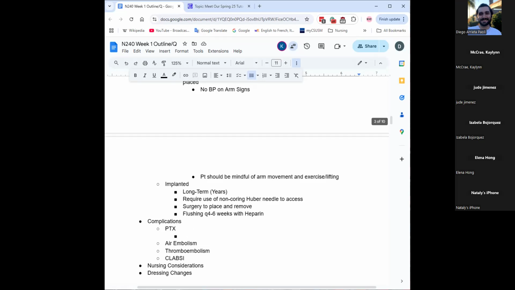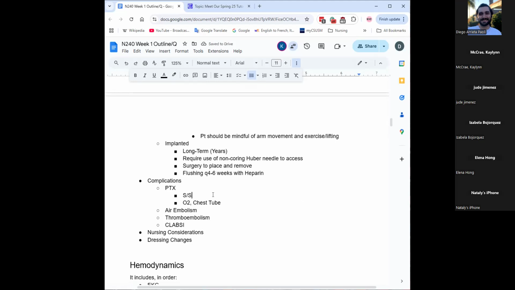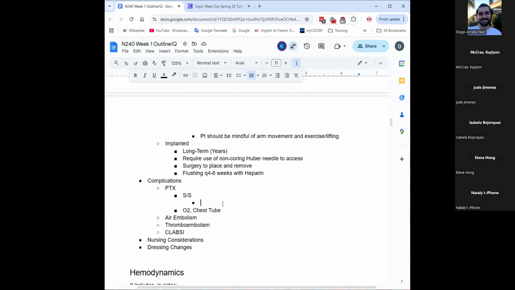What about treatment for pneumo? The patient is going to need O2 and a chest tube to get some of that air out. And then what are some signs and symptoms of pneumothorax? Just quick and dirty.